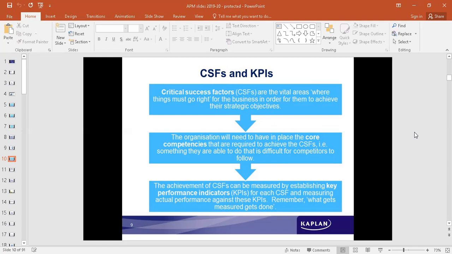These factors are important for the success of the student's performance in the examination. We call them CSFs. Now, for an organization also, there are multiple CSFs: they have to make profit, their customers should be satisfied, their relationship with multiple stakeholders should be good, employees should be satisfied, productivity should be good.